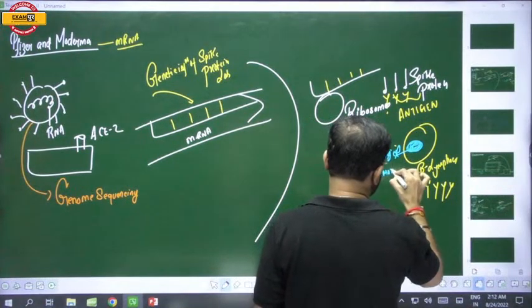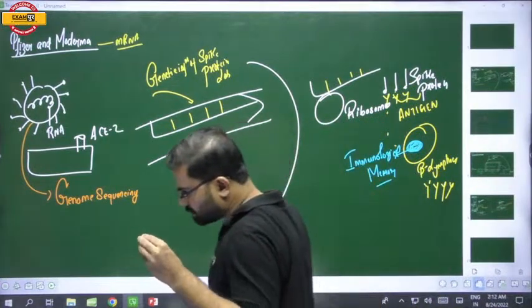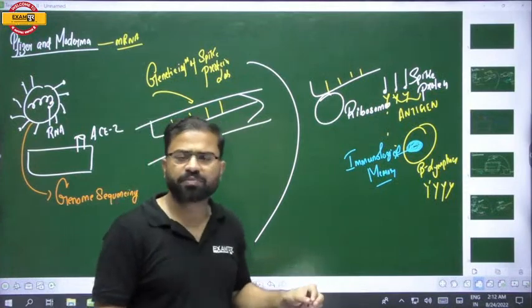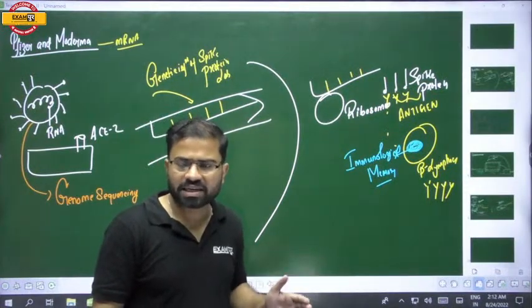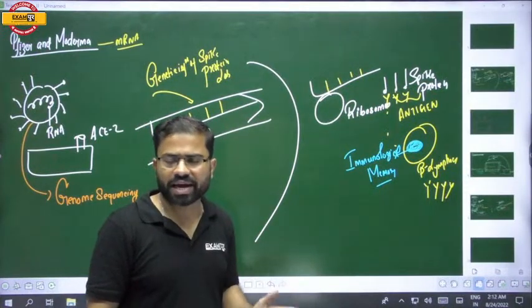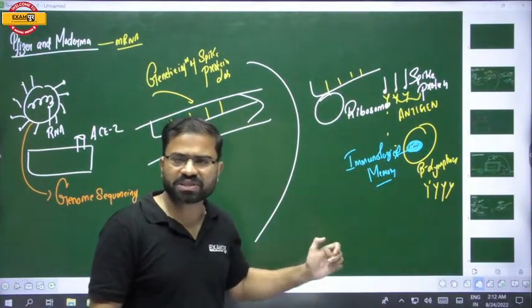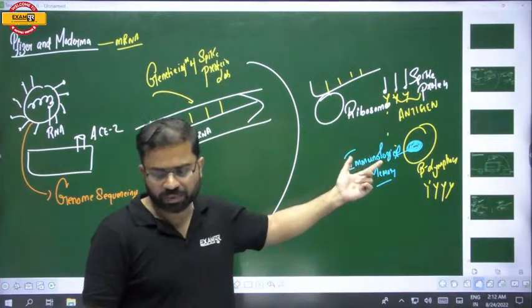will get developed. Now, what is the purpose of immunological memory? Lymphocytic cell immunological memory remembers that I have released antibody against a particular antigen. Are you getting my point? It basically remembers that it has released antibody against a particular antigen.